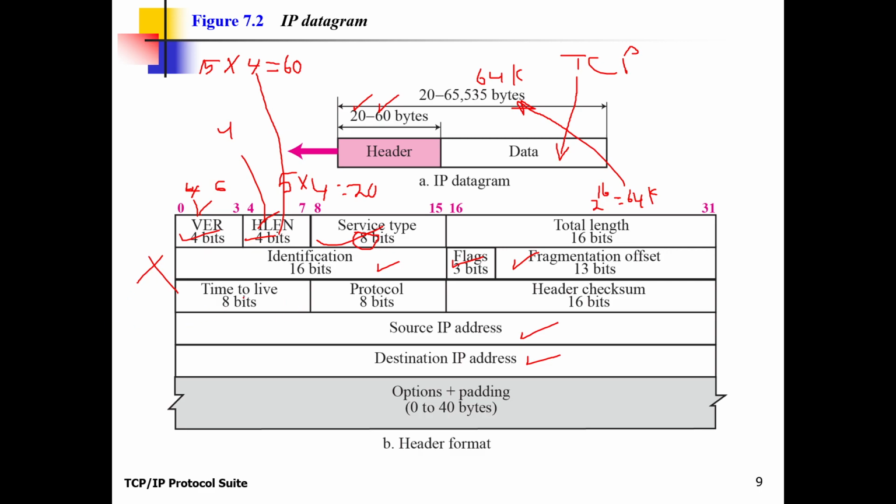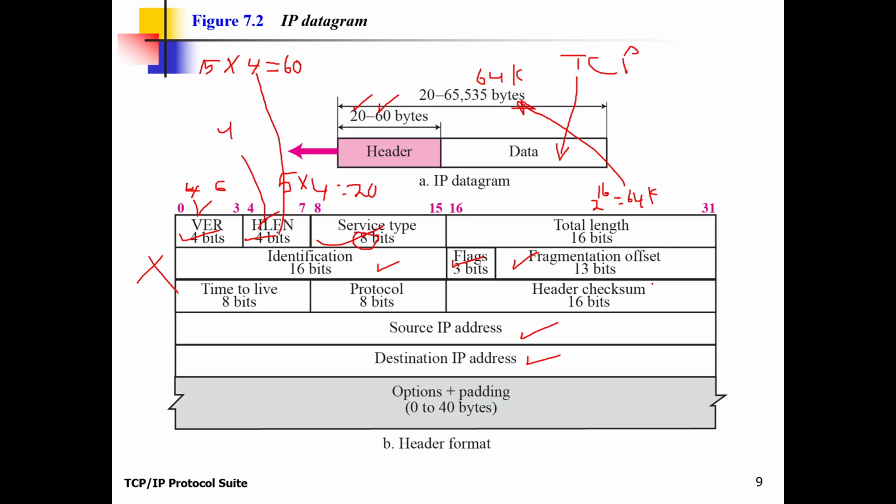Then we explained the time to live, which is a value that keeps decreasing as we move forward. Then the protocol that tells me the upper layer protocol. Is it TCP? Is it UDP? Is it OSPF? And then after that, we have the header checksum, which calculates a value for the integrity of the whole packet.